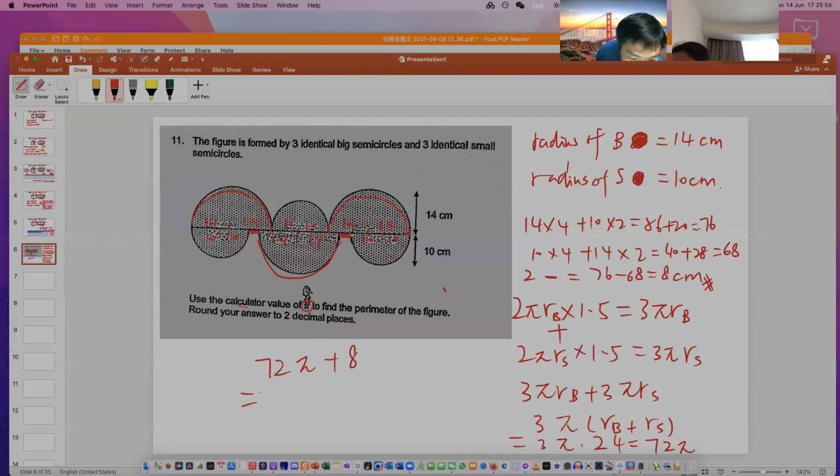Can you help me use your calculator to figure out the answer to two decimal places? 72 pi plus 8. 234.19. 234.19, right?